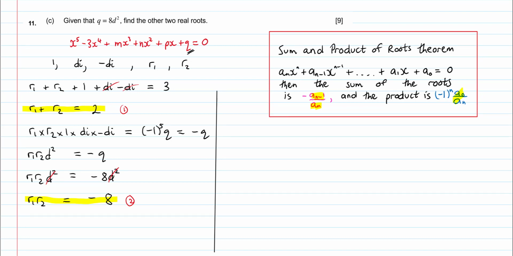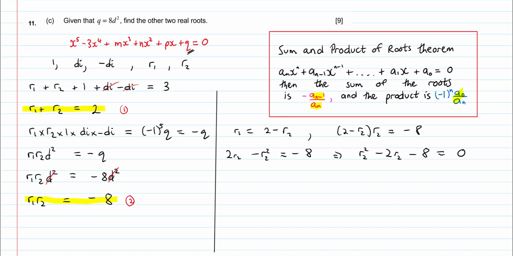So from equation 1, we get R1 is equal to 2 minus R2, and just plugging that value of R1 into our second equation, then we're going to get 2 minus R2 times R2 is equal to negative 8, and expanding that out to get 2R2 minus R2 squared is equal to negative 8, and rearranging that, now we're going to get R2 squared minus 2R2 minus 8 is equal to 0.